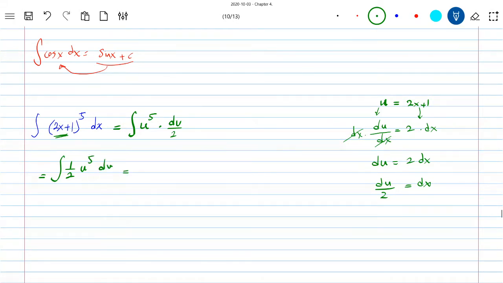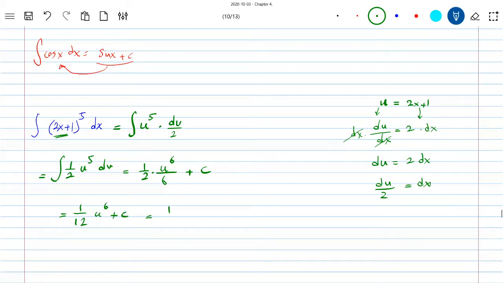What is this integral? The 1/2 is constant. The antiderivative of u to the power 5 is add 1 to the exponent and divide by the same exponent, plus some constant. There is no du, there is no integral. This is it: 1 divided by 12 u to the power 6 plus c.